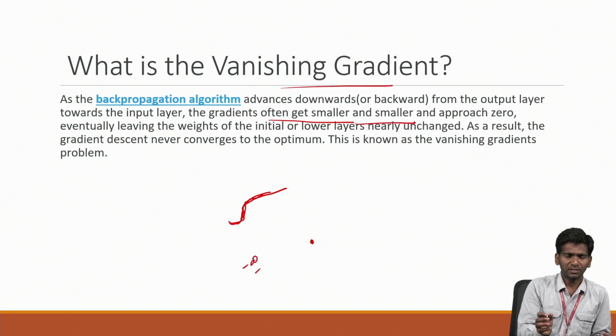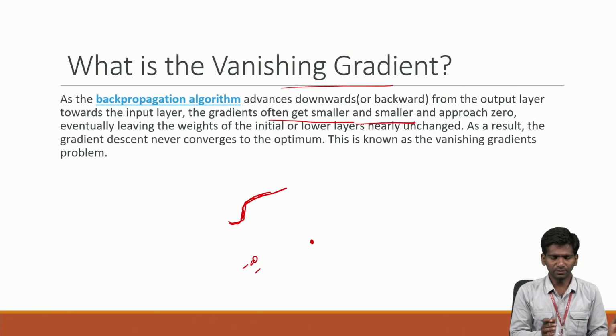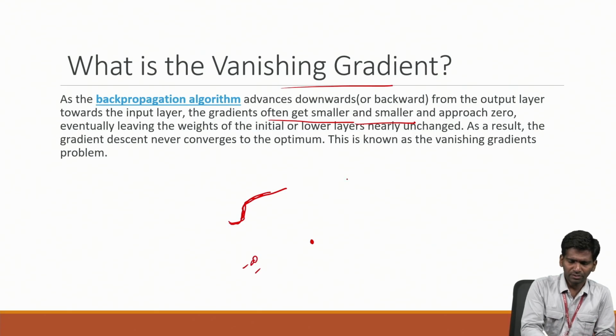If the neuron is too small, the value very negative, in that case also the neuron fails to give output to the remaining neurons. This entire scenario we are calling vanishing gradient.